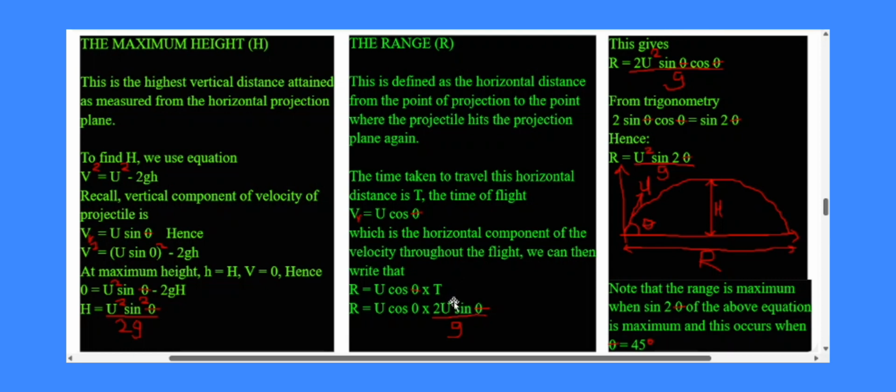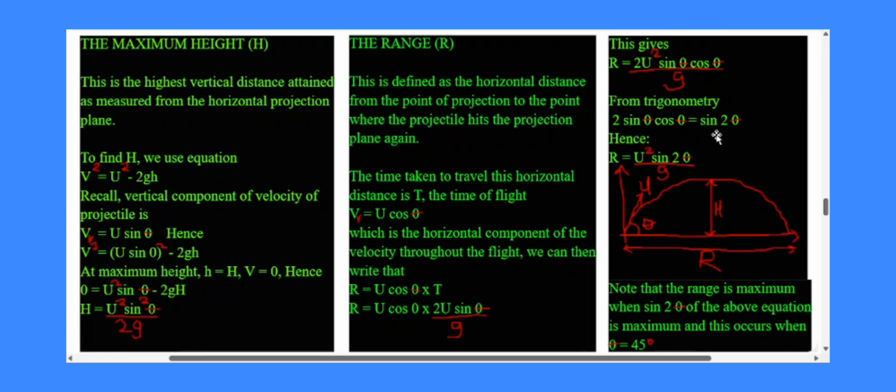If we multiply here, we will have 2u squared sine theta cos theta all over g. And from trigonometry, 2 sine theta cos theta is equal to sine 2 theta.